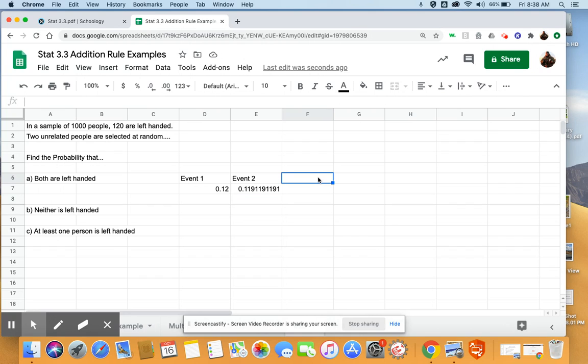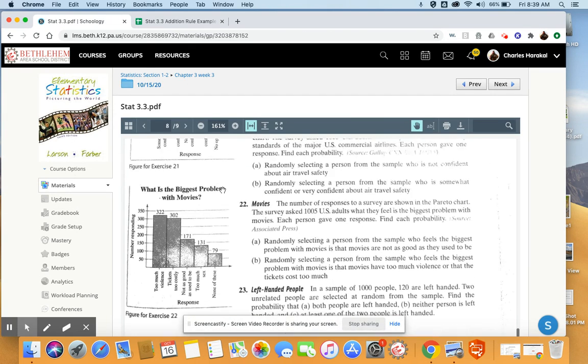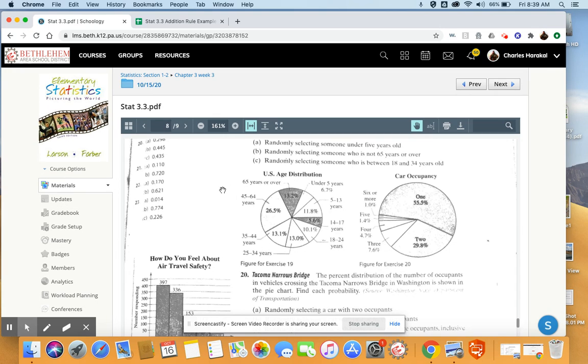Okay, so our total probability of left and left, 2 left-handed people, is going to be to multiply those 2 probabilities together. So equals this number times this number. We get 0.01429. If we go back and double check our answer here, always double check, 0.014. We are correct on that question.